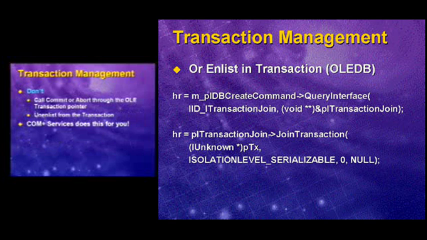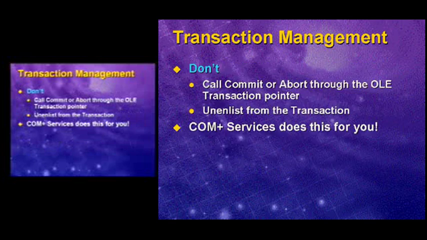What was missing? Well, what was missing is that, even though I'm managing my enlistment manually, I shouldn't, and it'll mess things up if I do, call commit or abort through the OLE transaction pointer that I get back. With the OLE transaction pointer, I can do a bunch of things. I can enlist it in a transaction.